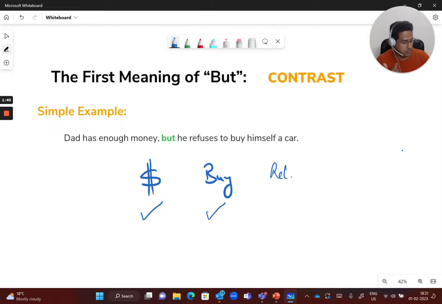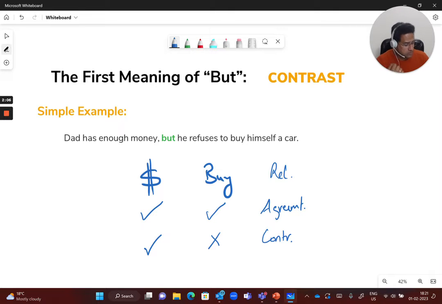This is called the relationship of agreement. However, if we have a person who has money but is unwilling to buy stuff, clearly this is contrary to our expectations, and therefore we have a contrasting relationship on our hands.